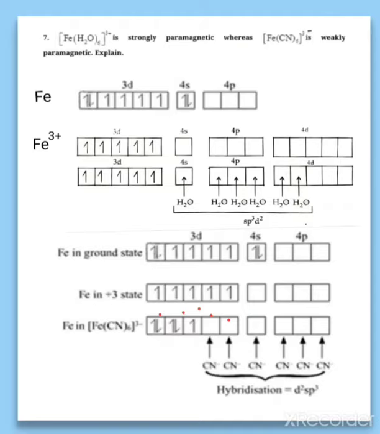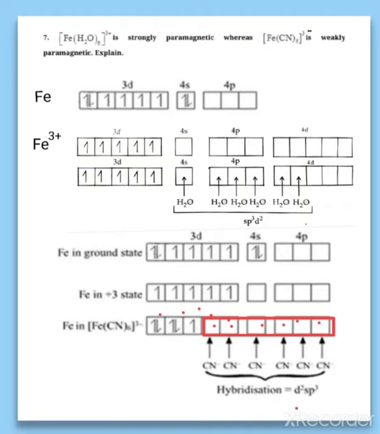So those 2 empty d orbitals, the 4s and the three 4p orbitals undergo hybridization. So this hybridization is called d2sp3 hybridization.